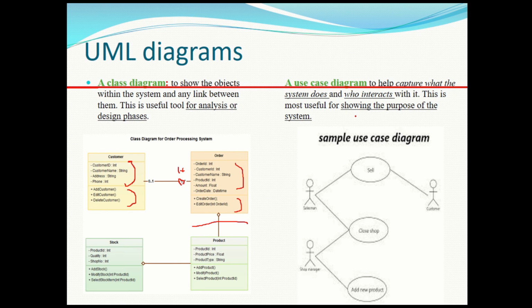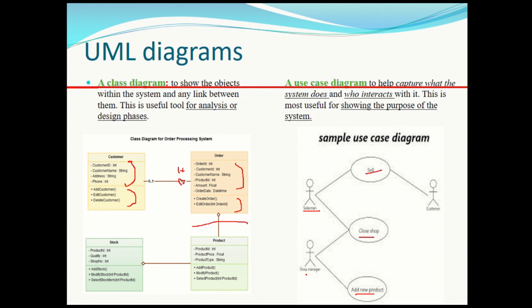This use case diagram shows the operations of the system and which users can do each operation and who cannot. For example, we have a simple use case diagram with three operations: sell, close shop, and add a new product. The salesman can sell and can close the shop.